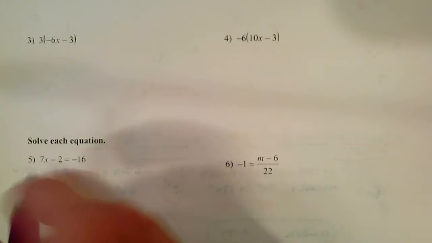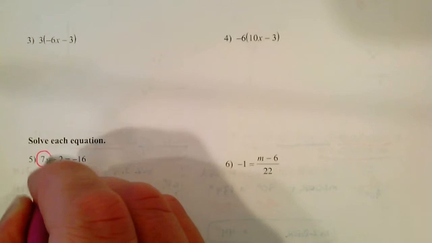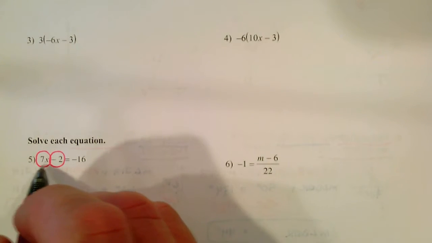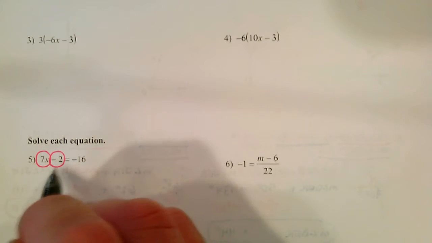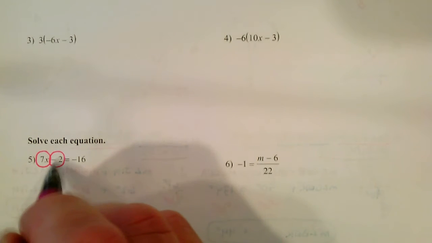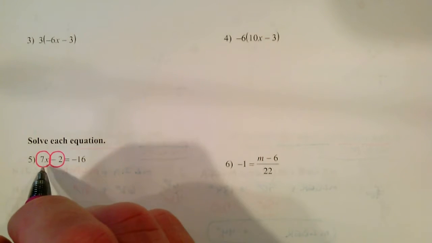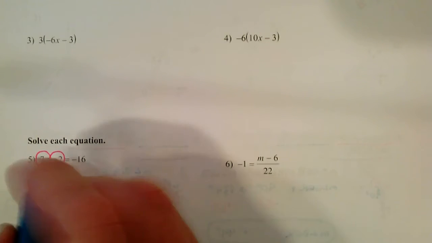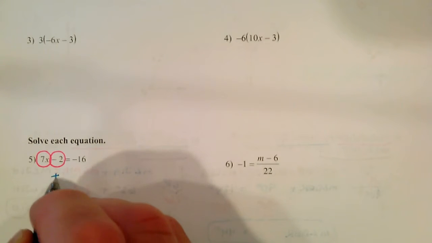All right. So this first one here, I'm going to start by circling my terms over here. I have two terms. That's the 7x and the negative 2. And the terms are just things that are separated by plus or minus. And I want to isolate the x by itself, which means I have to isolate the term that has the x first. So we got to get rid of this term by adding 2.